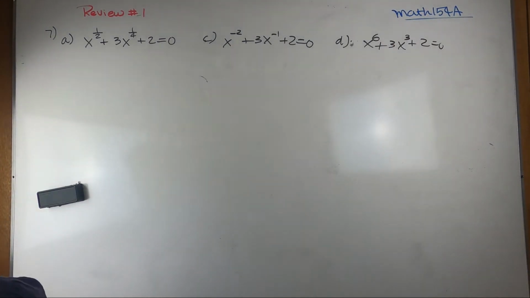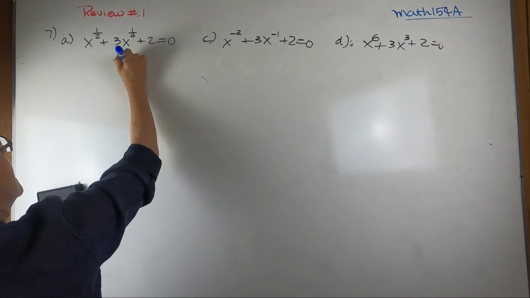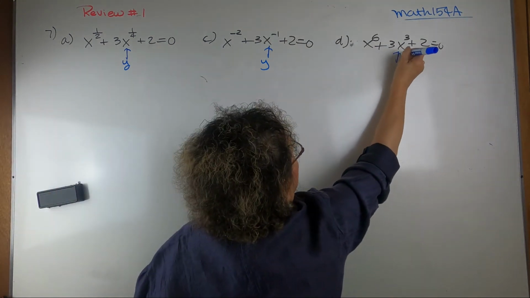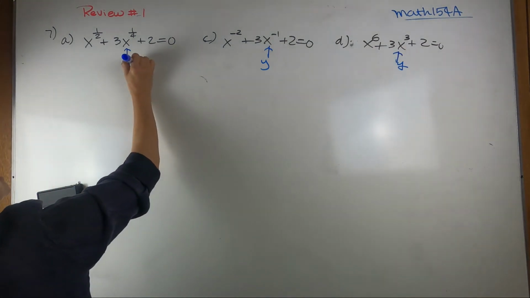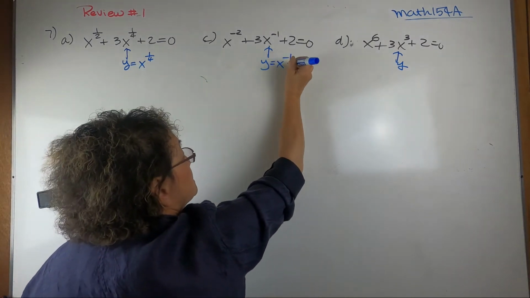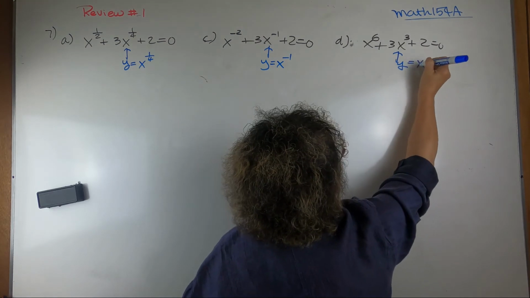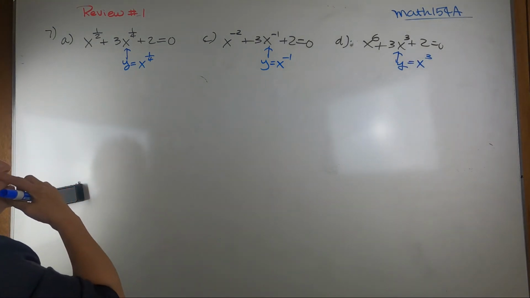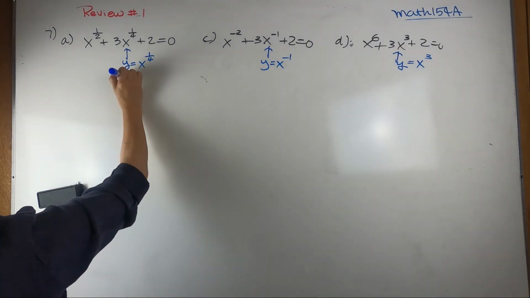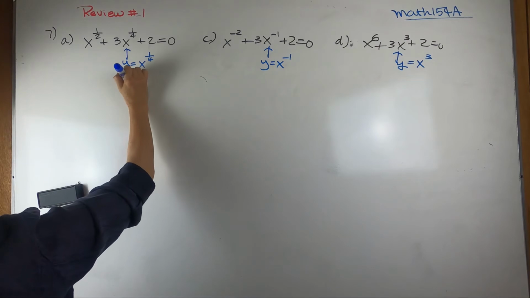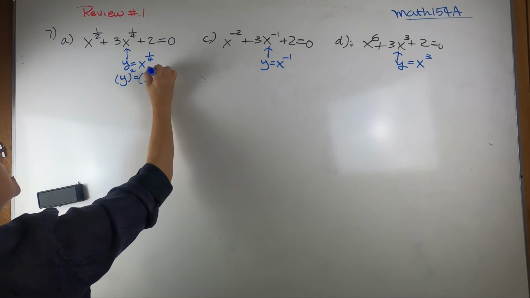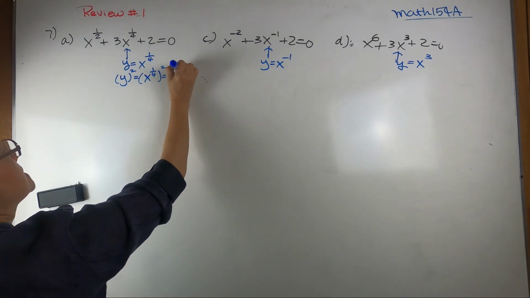So you make the second term y, right? Same thing, I make this y. So what is this y? x to the quarter. The meanings are different, but all the processes are the same, right? So if you take y and square it, x to the quarter becomes x to the half.